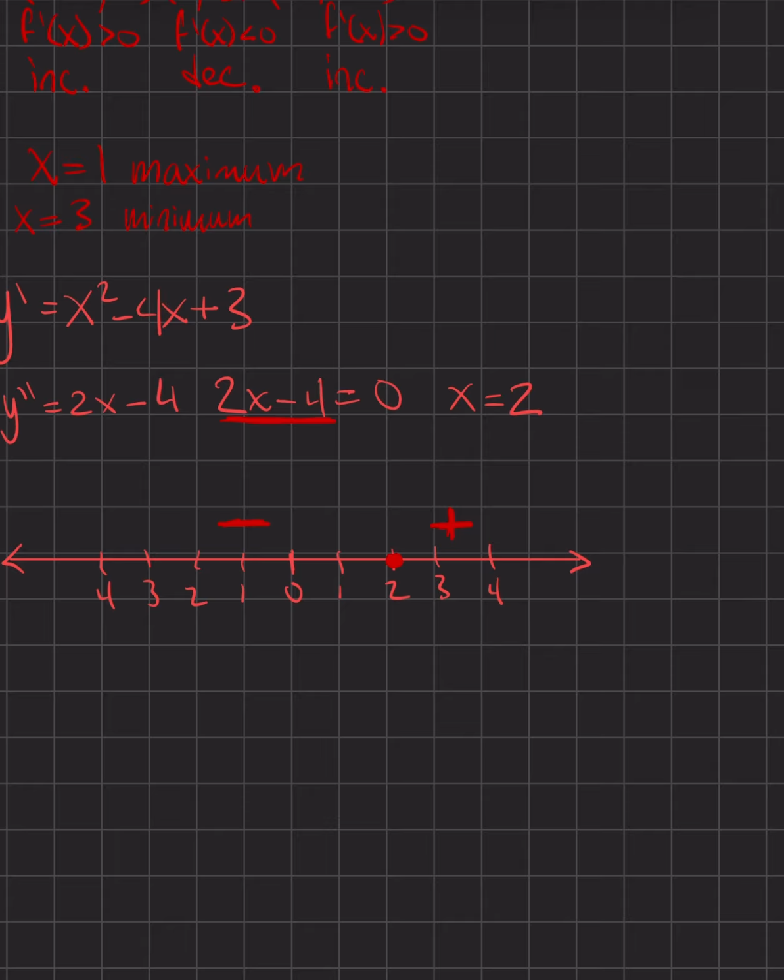And so what we can say here is that all the way up until 2, it's going to be like this. It's going to be convex. And then from 2 all the way to wherever, it's going to be concave, right? Because, you know, when it's negative, it'd be like that.